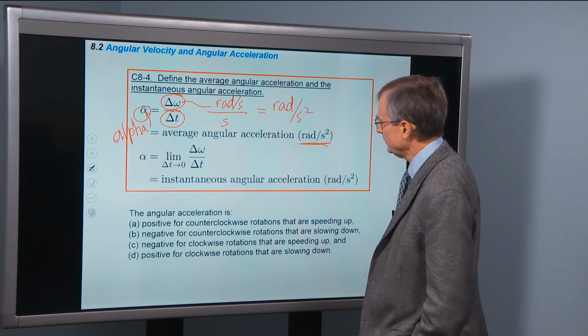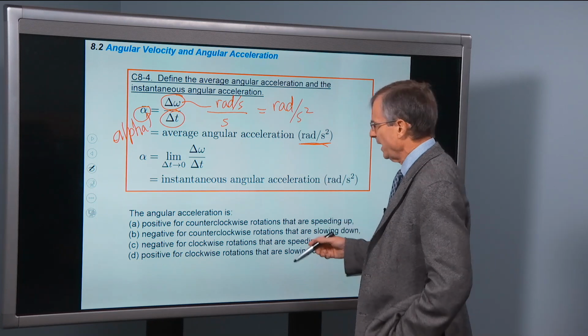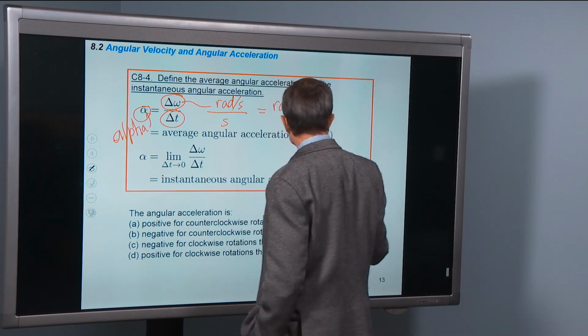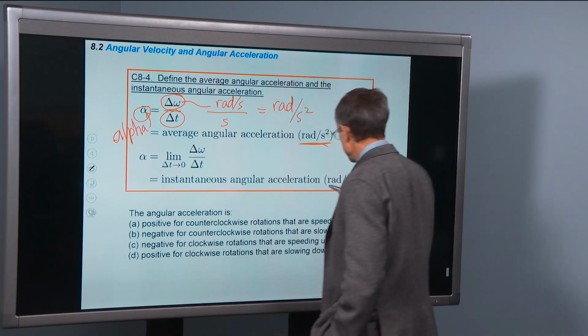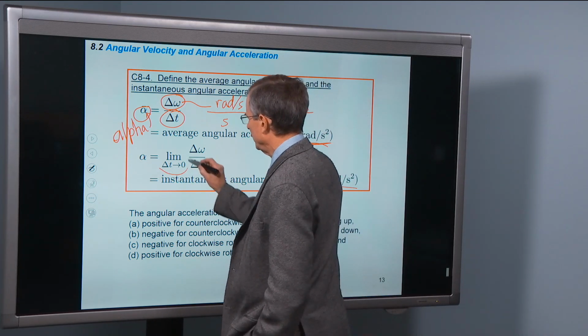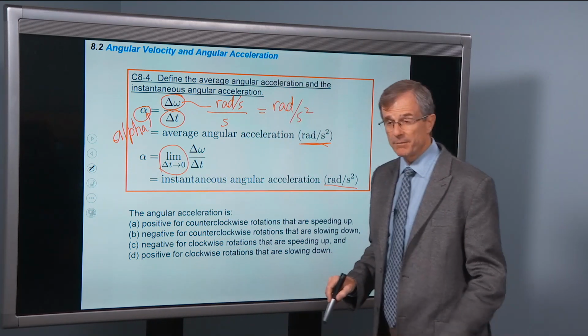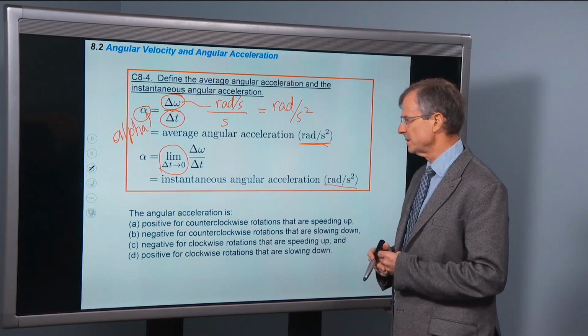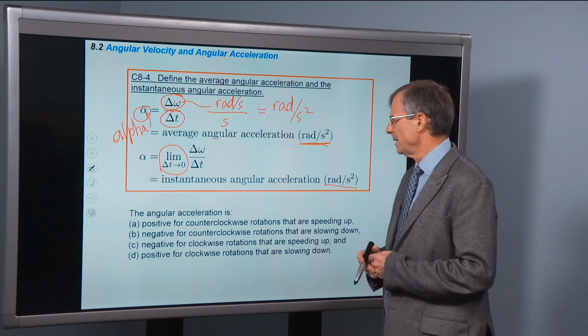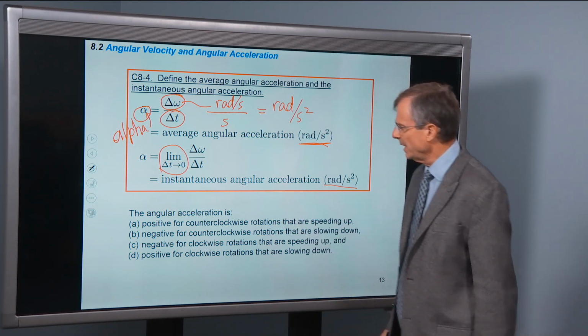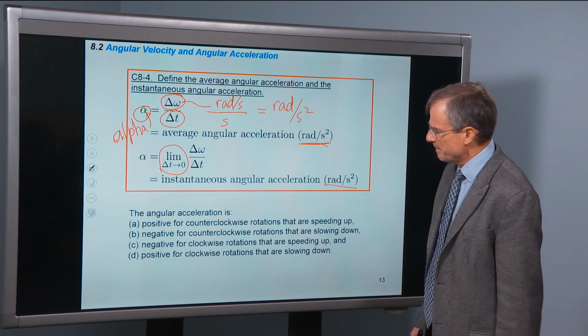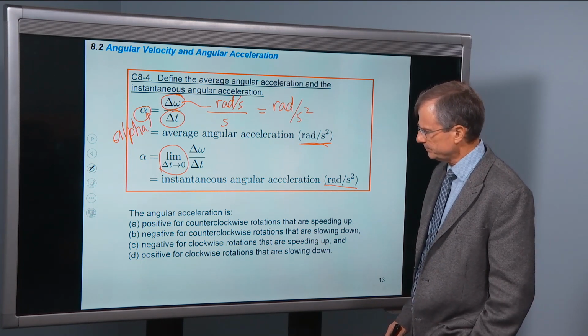And just as you might have guessed, the instantaneous angular acceleration is measured in the same units, but the only difference between that and the average angular acceleration is this limit as delta t goes to 0.